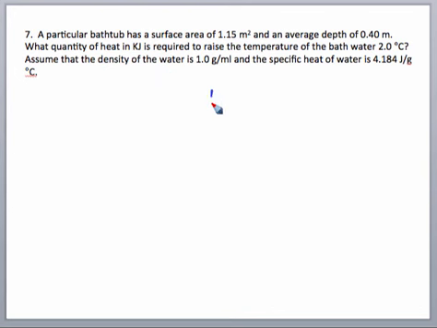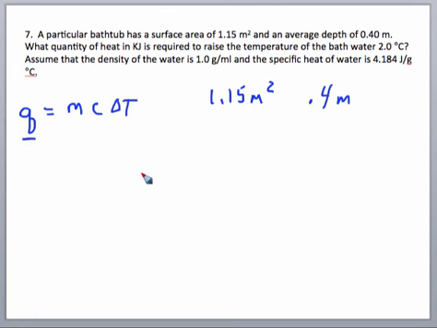We have a bathtub with 1.15 square meters with an average depth of 0.4 meters. We're looking for quantity of heat, so anytime we talk about heat, we're going to use our formula MC delta T is equal to our heat. We want to raise the temperature of the water 2 degrees Celsius, so our delta T value is 2.